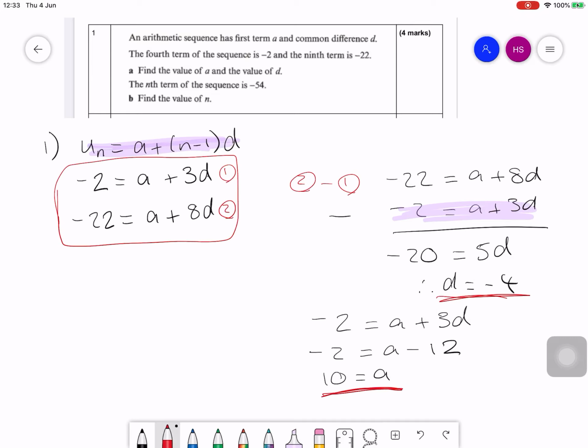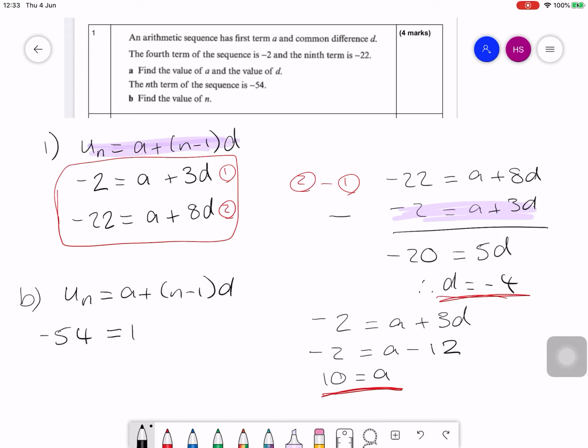Okay, and then it tells me that the nth term, so I'm looking at part B now. When they say the nth term, they mean a term in the sequence, and we need to find out what position it is. Again, I'm going to use un is a plus n minus 1 d. I know that this term has a value of, sorry, minus 54.